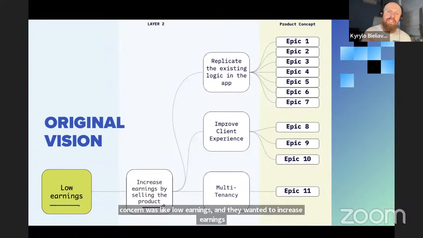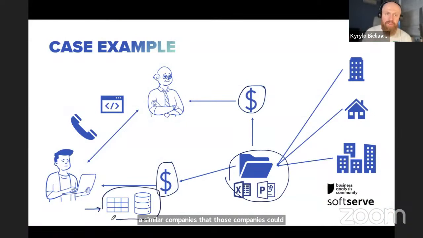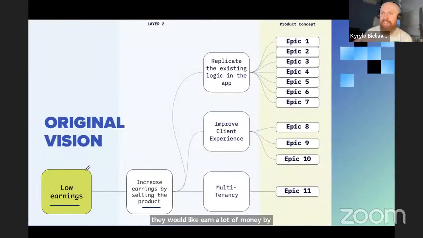What they basically wanted to do, that was our vision back then, was to create a certain product that they could sell to similar companies, real software that those companies could use with their algorithms, knowledge and database to build good portfolios for their clients, and they would earn a lot of money by just selling this product. So that was our initial vision.